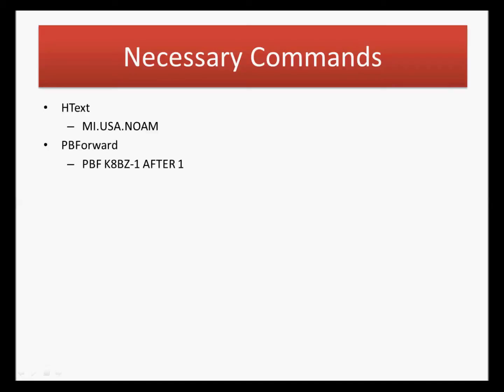The PB forward command tells the bulletin board what station to forward messages to and how often to forward them. We're going to set our PB forward command to forward to K8BZ-1 after 1 hour. Now that doesn't mean it waits an hour to forward the message.